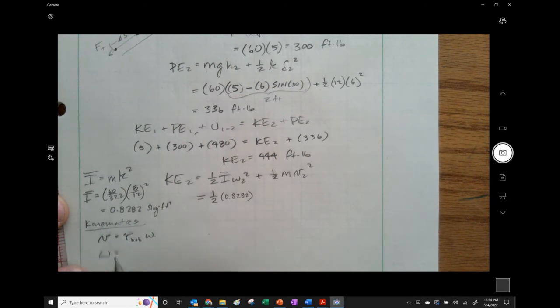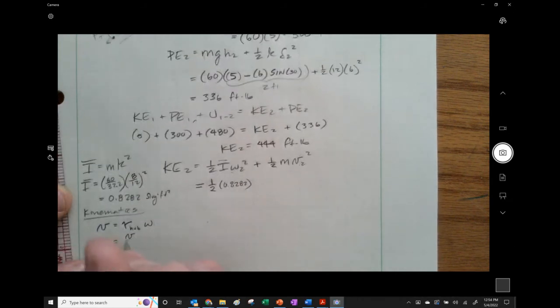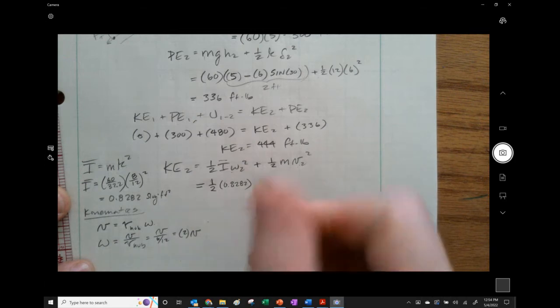Therefore, omega is going to be equal to the velocity over the hub, and that hub is only 6 inches, I believe. Yeah, 6 inches, so that's 6 over 12 right here. So what we really find out, we get 2 times v.